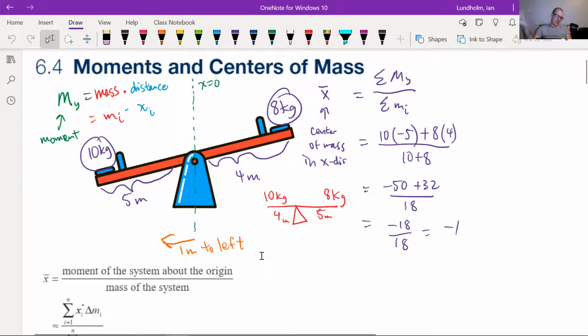What if we look at something a little bit more interesting and say, instead of having a uniform seesaw, what if we had a seesaw that was shaped like a cone?